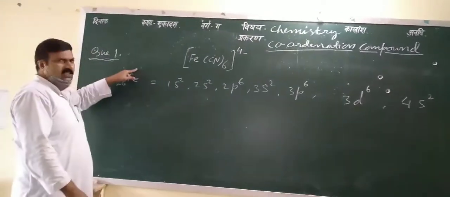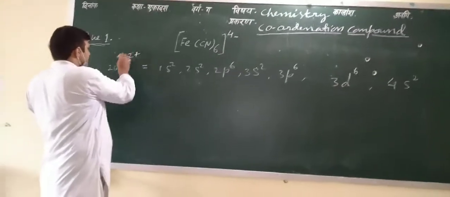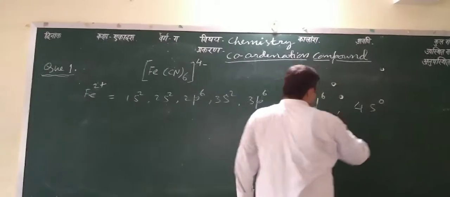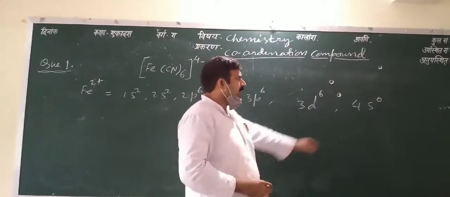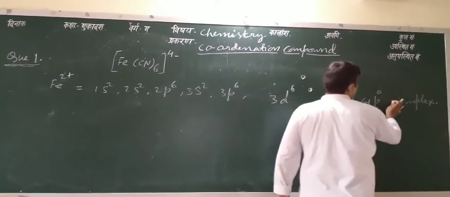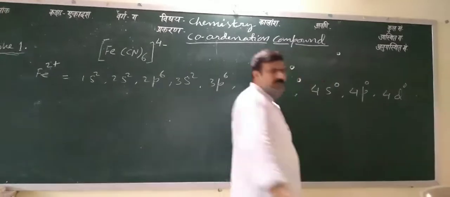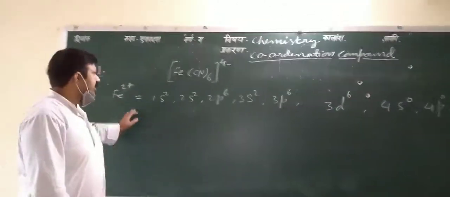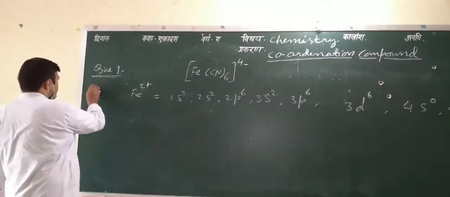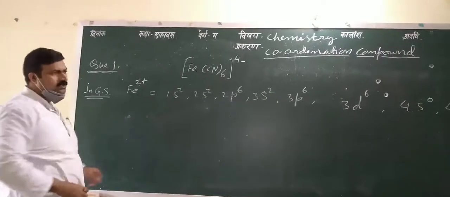In Fe2+, 2 electrons are missing, so it is 3d6, 4s0. Now in the fourth shell, 4p is also present, but it is empty, and 4d is also present, but it is empty. So in ground state, GS, the configuration of iron 2 plus is like that.